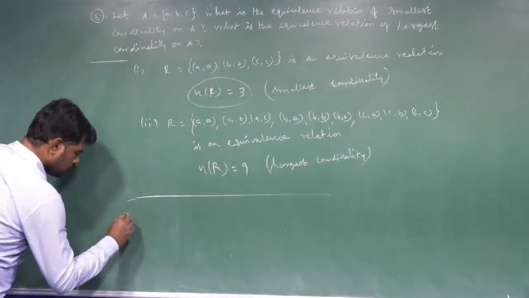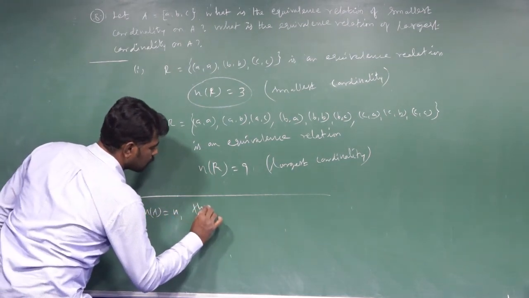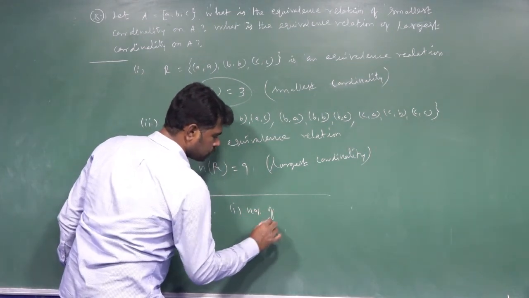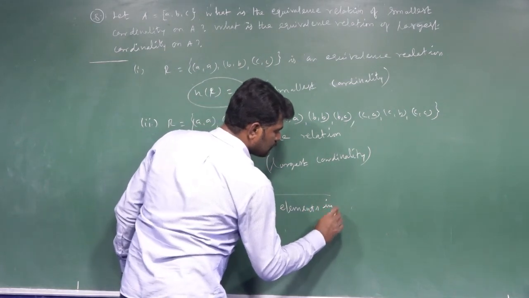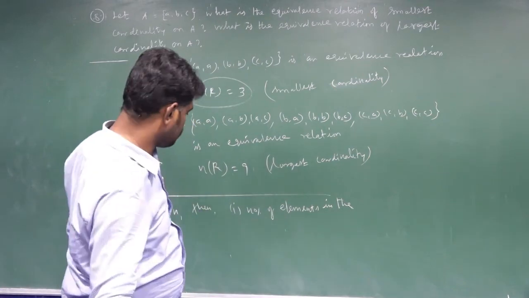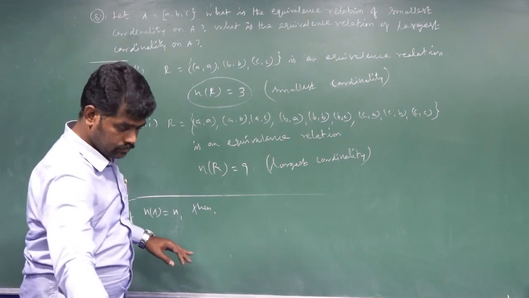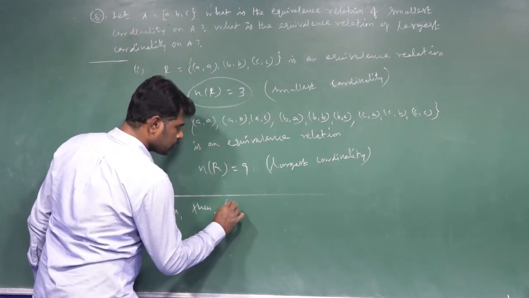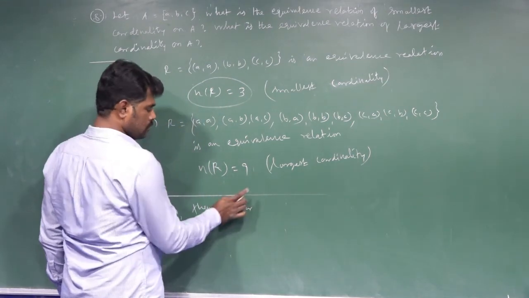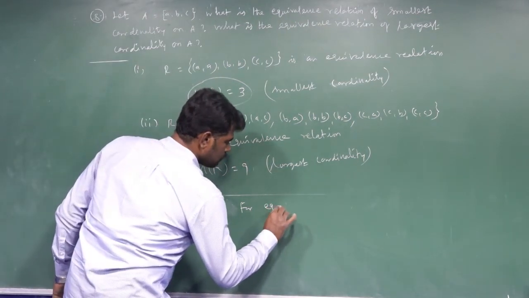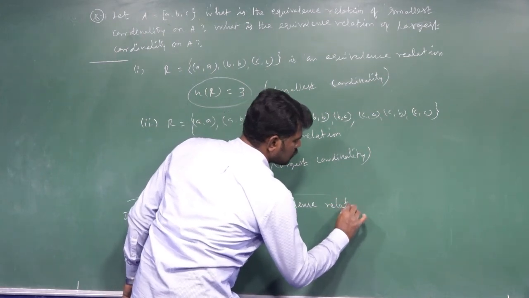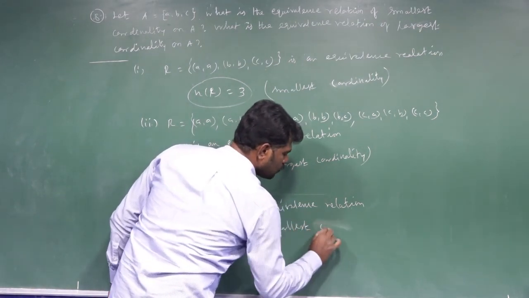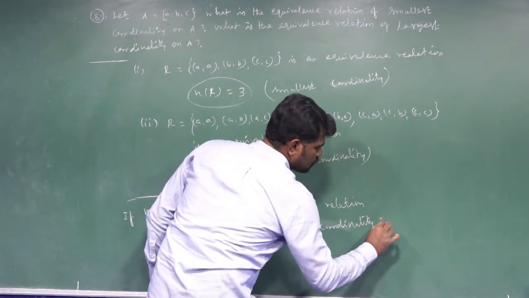If n(A) = n, then for an equivalence relation, the first case, smallest cardinality, should be n.